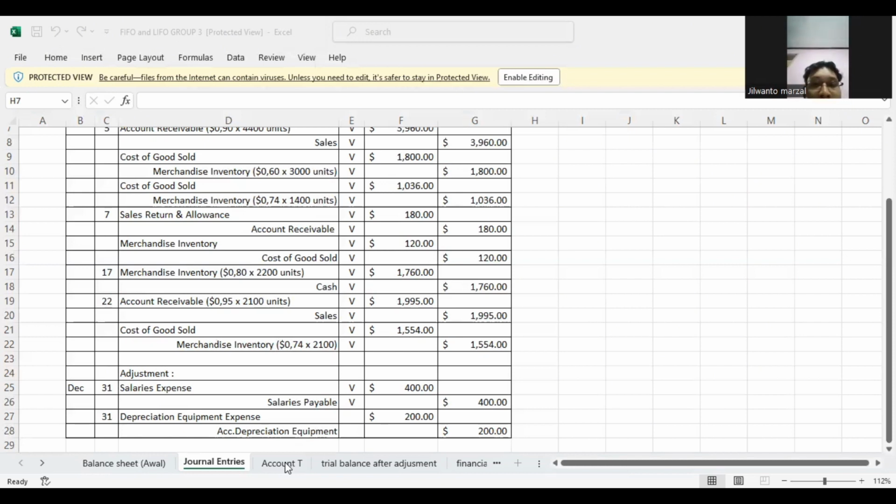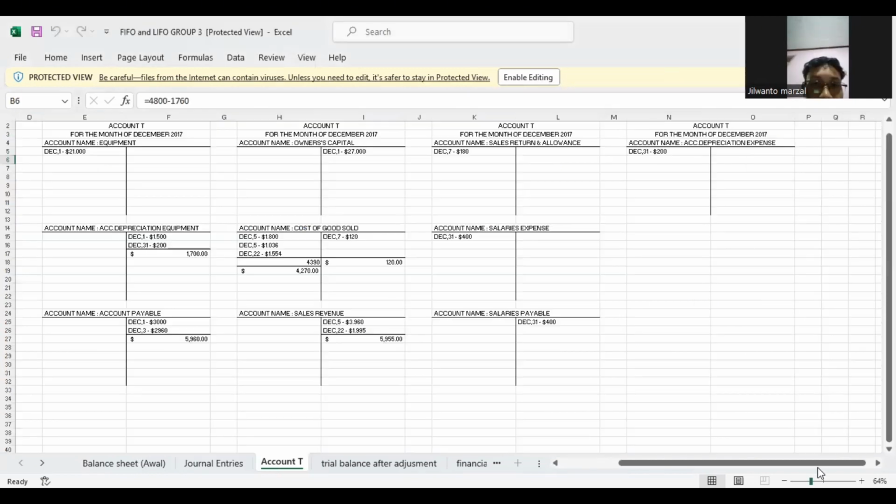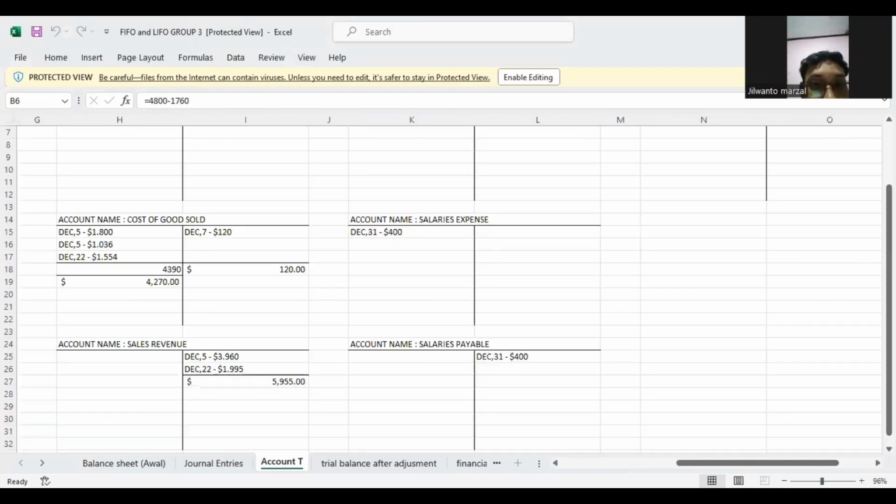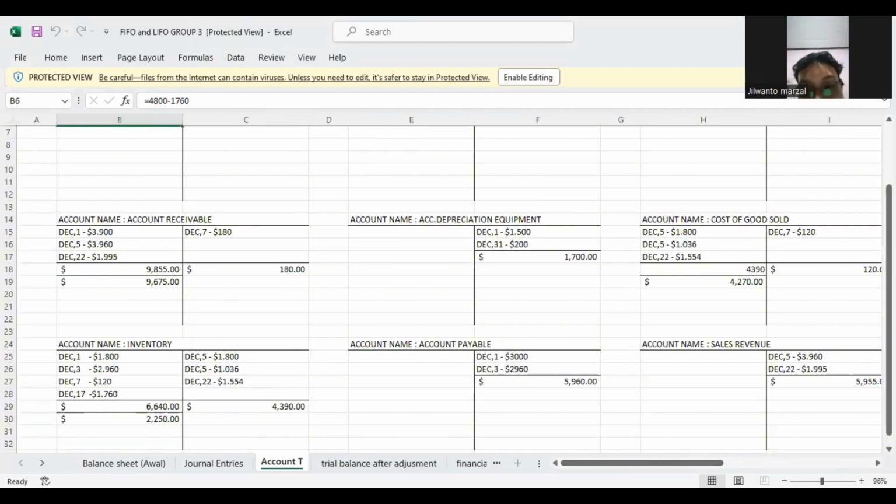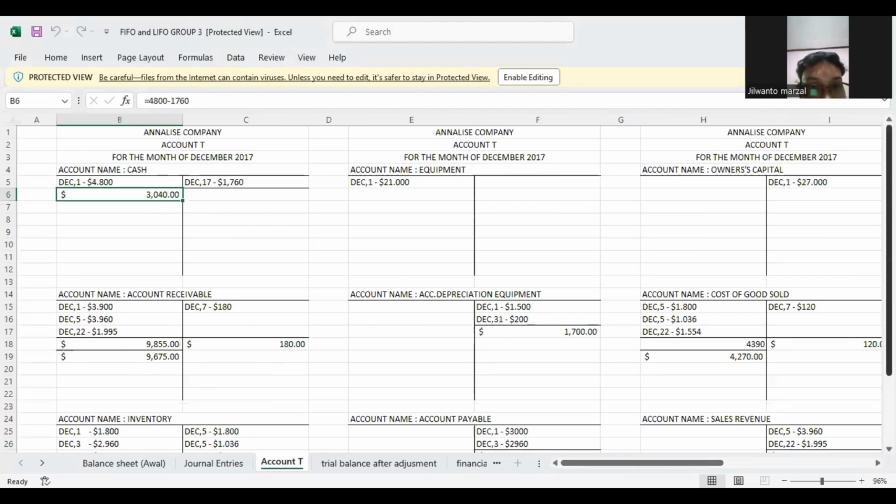In the journal we have a posting reference mark. That means we post it to the T-account or ledger. So let's move on to the T-account. Okay, as you can see here, we have the T-account.